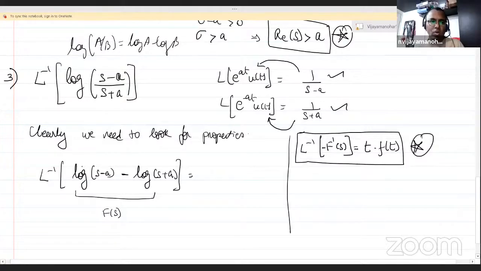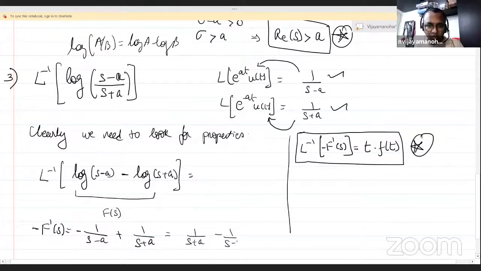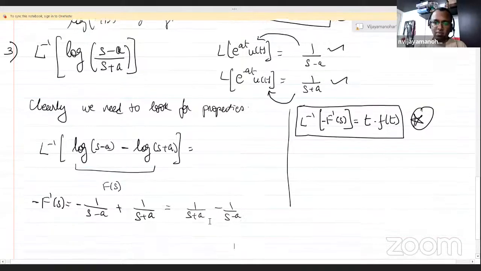What is f dash of s? F dash of s will be 1 by s minus a minus 1 by s plus a. So minus f dash of s will be 1 by s plus a minus 1 by s minus a. Now I can very easily compute the Laplace inverse of this.